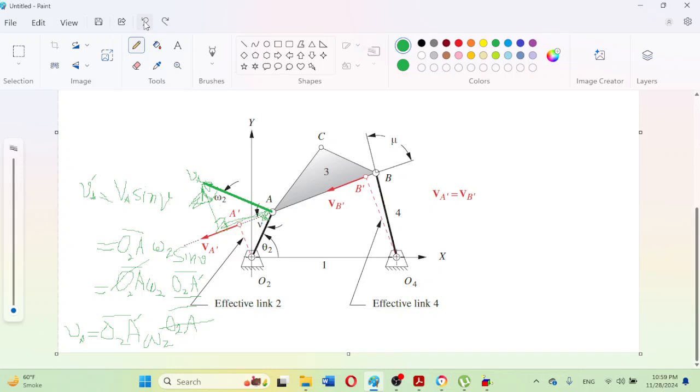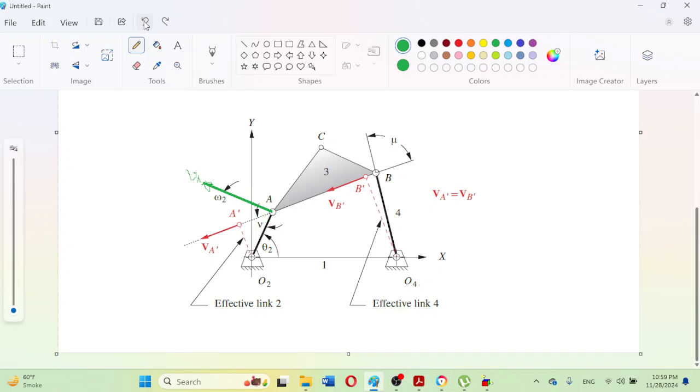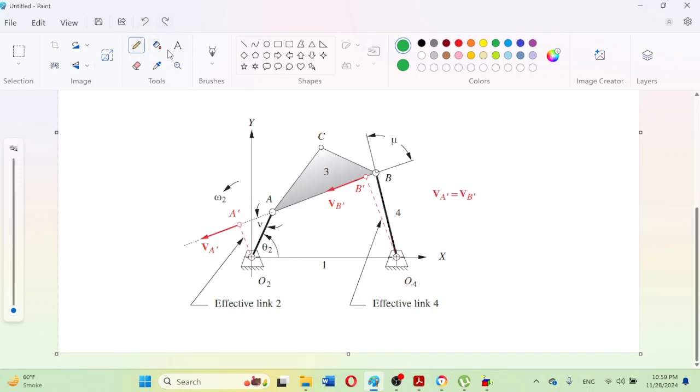That can also be proved here. For example, I can just modify this diagram. Sorry, here I can draw an approximate circle.